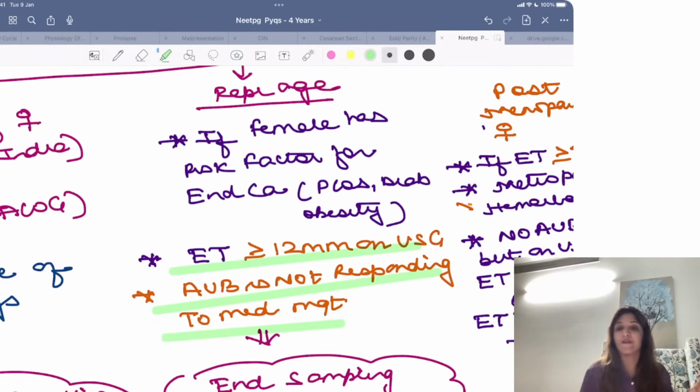So since she's 35 years and the question is not telling me that she has PCOS or she's obese or she's diabetic, the question is saying ultrasound everything is normal. That means ET is normal. Either the question should have said ET is more than or equal to 12 millimeters, right? And number 3, AUB not responding to medical management. Over here, non-hormonal drugs were given, so first try hormonal, and still if the bleeding is not getting controlled, go to endometrial sampling. This is in contrast.